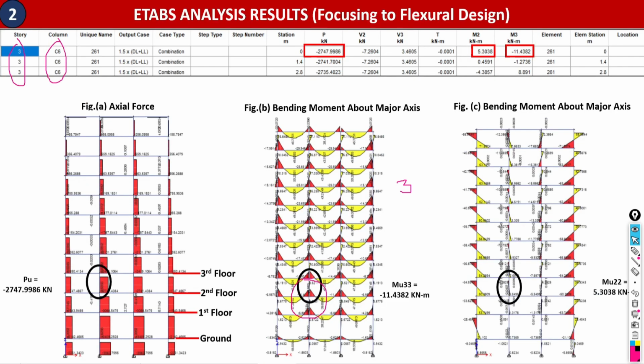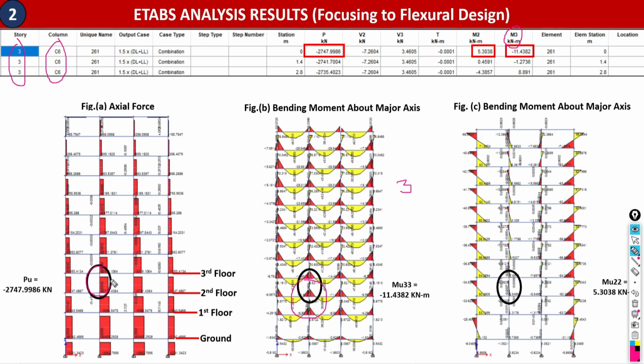Now, for the proposed column, we found the axial load as 2747 almost, the moment about the minor axis as 5.3038, and the moment about the major axis as 11.4382. I have shown that here also.